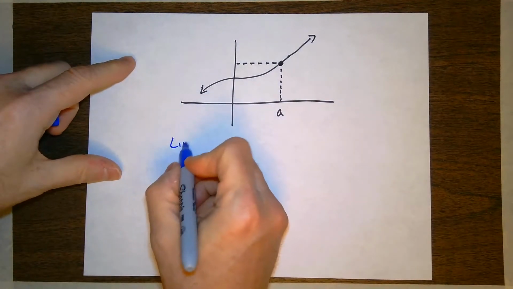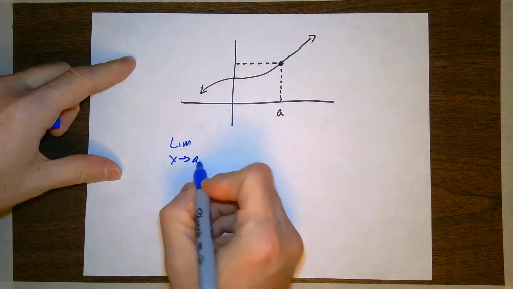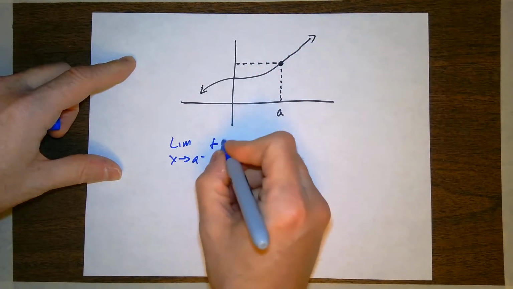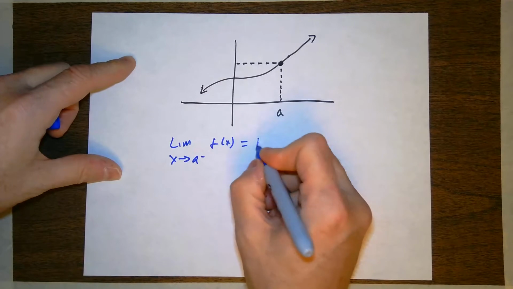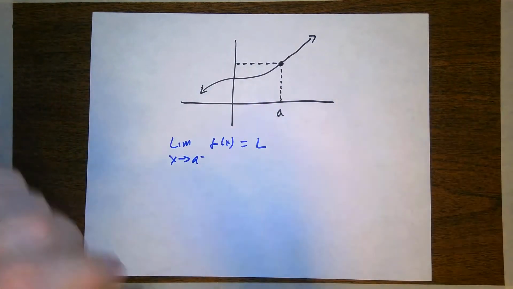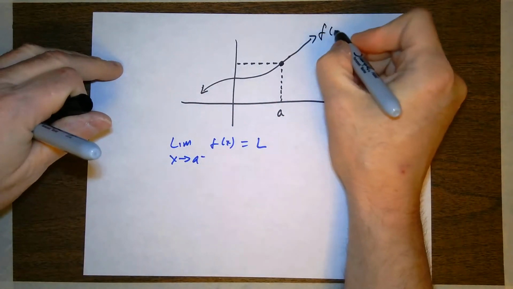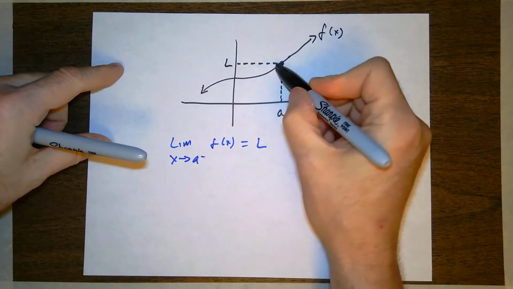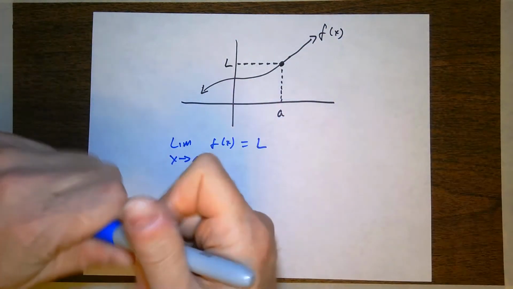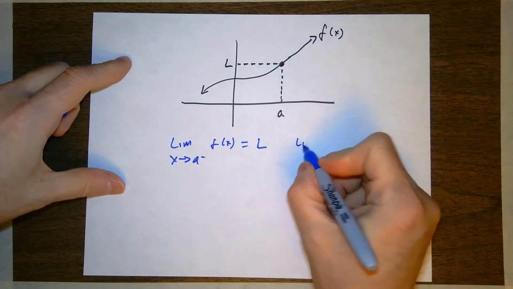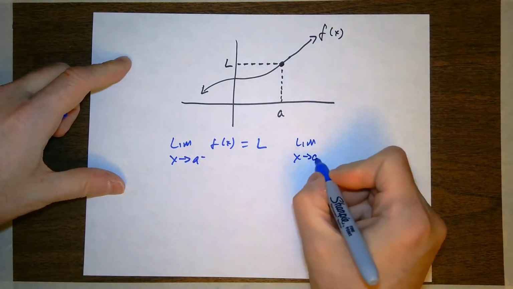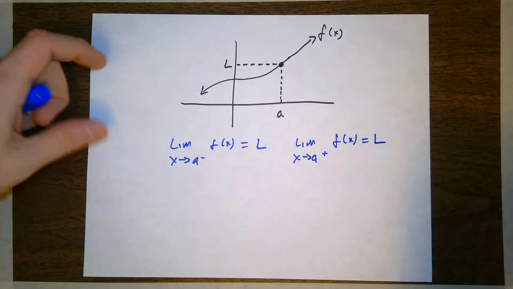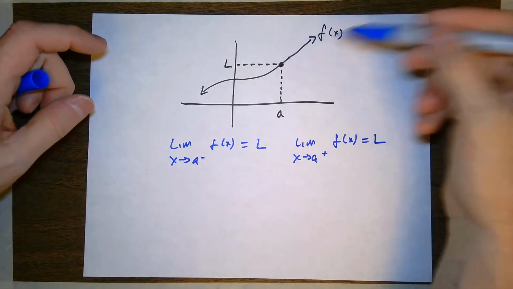So I can say that the limit as x approaches A from the left, from the negative side of the function, is the value L. And again, this is my function. This is the value L. Clearly that's happening here as I'm getting closer and closer. Also, as I approach from the right-handed side, the limit as x approaches A from the positive side of the function is also L.